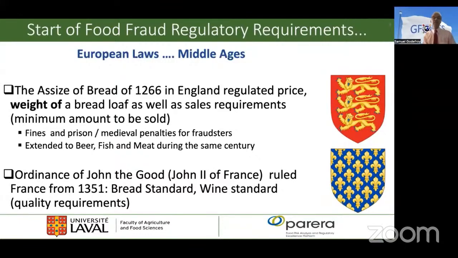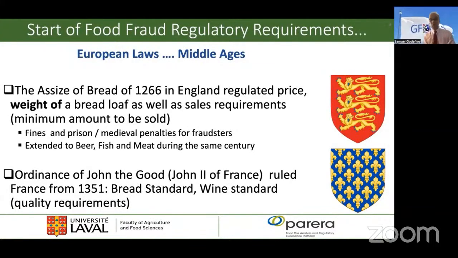And in fact, some of the texts that we have seen coming from the Middle Ages, the Assize of Bread in the 13th century in England, regulated, for example, the price and the weight of bread with fines and prison sentences related to fraud, so essentially incidents of fraud in this regard.